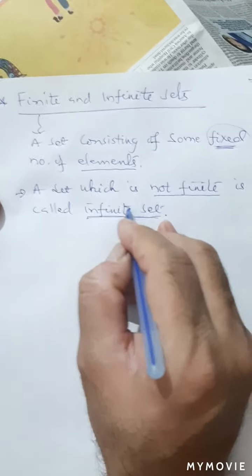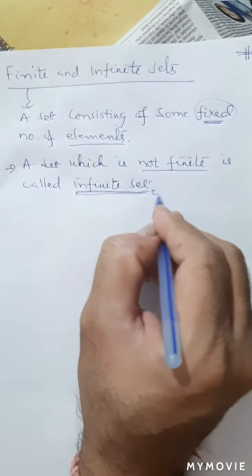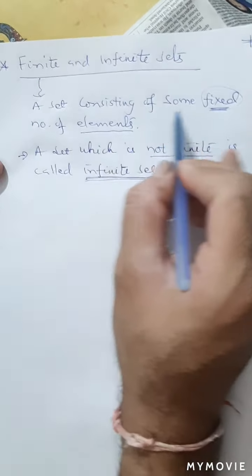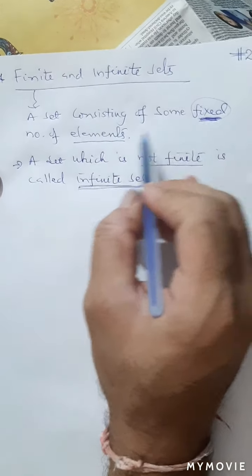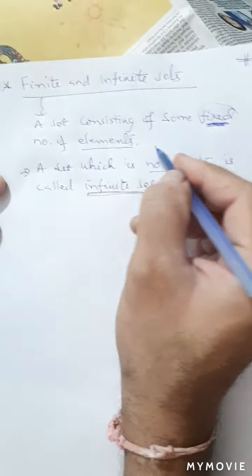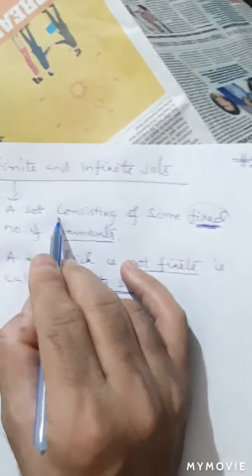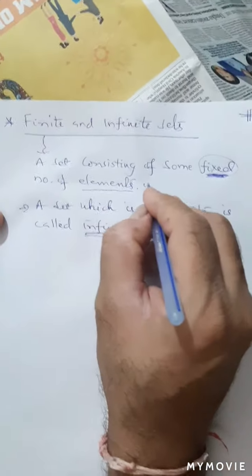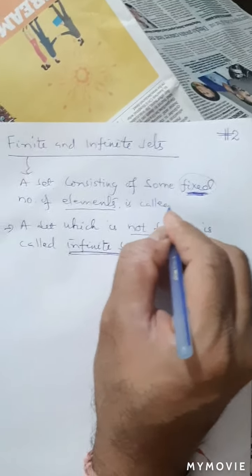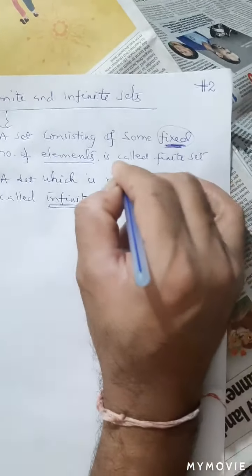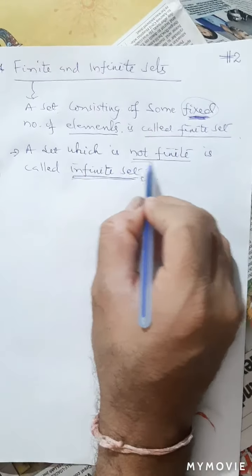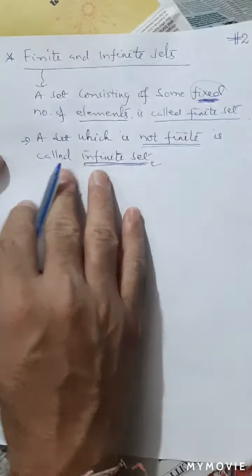You cannot count all members of the set, which is called an infinite set. A set which ends somewhere, that has some fixed number of elements, is called a finite set. A set which is not finite is called an infinite set.